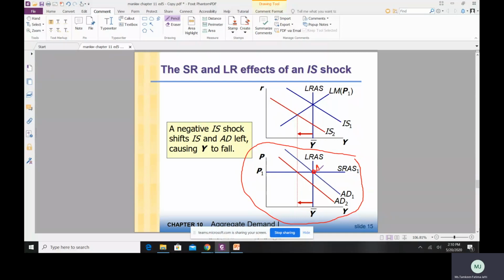Now here, let's suppose there is an adverse or a negative IS shock, which can happen because of a decrease in consumption, government spending, or many other reasons. So let's suppose that the aggregate demand curve shifts inwards because of a decrease in government spending. So in the short run, because prices are sticky, we tend to move from A to point B. Now notice that at point B, prices are the same as before, but output level is now less than the natural rate of output level.